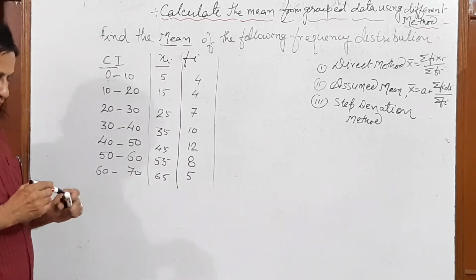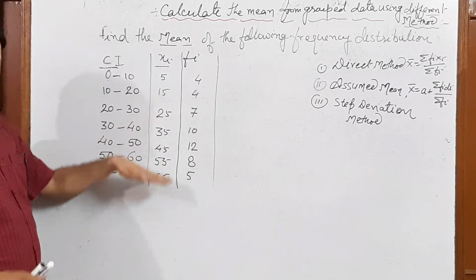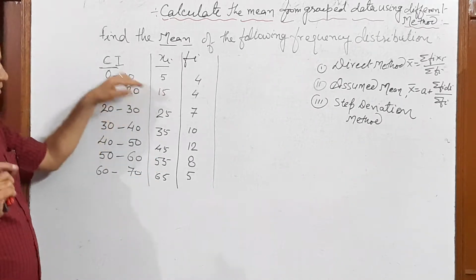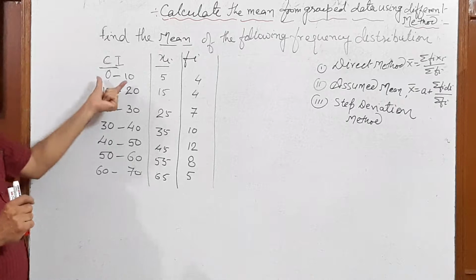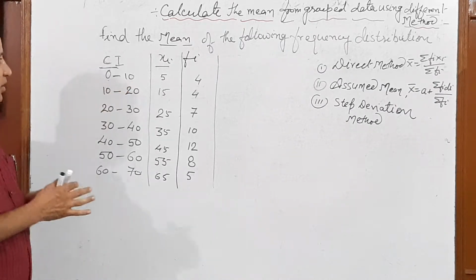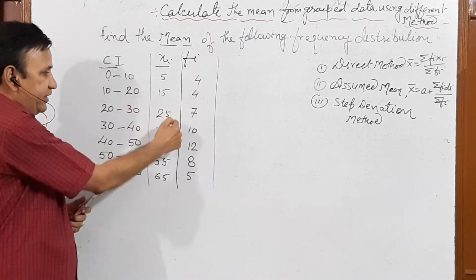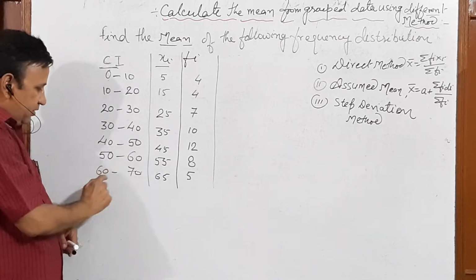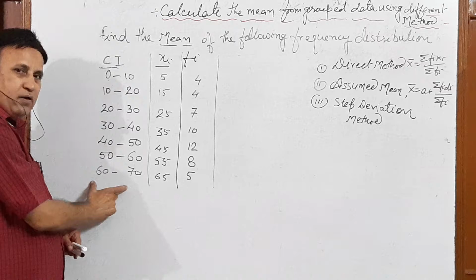Once again, simply find the first mid value, then add the length of the class, or you can say the height of the class, which is 10. So 35 is in between here, 45 in between here, and 65 is in between 60 to 70.